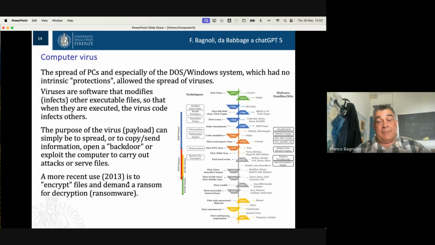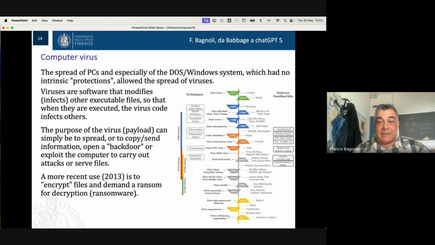And finally, but this is most recent, to use cryptography in order to encrypt files and demand ransom for decryption, or clearly other usages like stealing information.